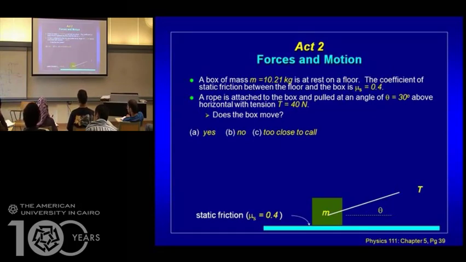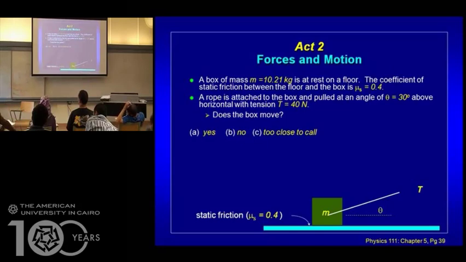Then if we know mu s, we can use it, because if the force that you're providing is more than the static frictional force, then it will definitely move. And because we know that the static frictional force is more than the kinetic frictional force, that's correct. Then we need to find what this equals.